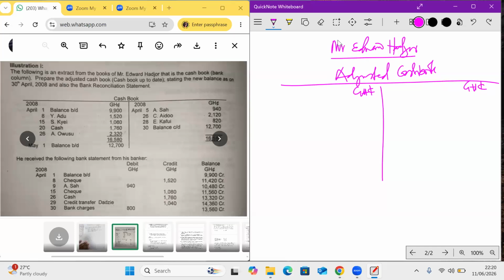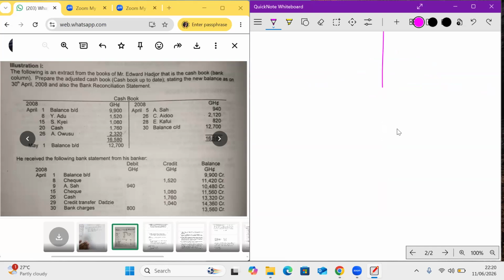So in the exams or under exam conditions, I write Mr. Hajo as the entity, I write the adjusted cash book, then I come below and write the bank reconciliation statements.